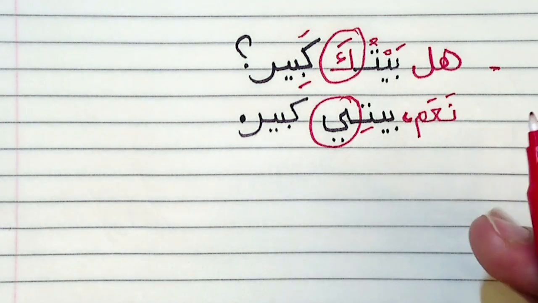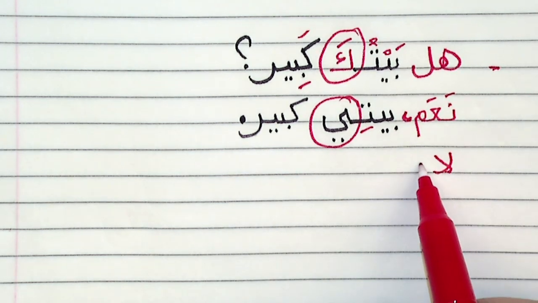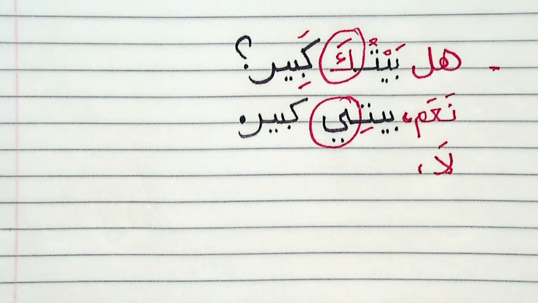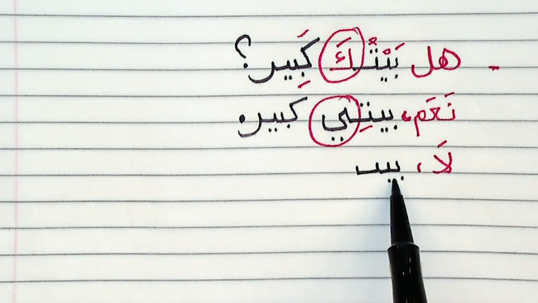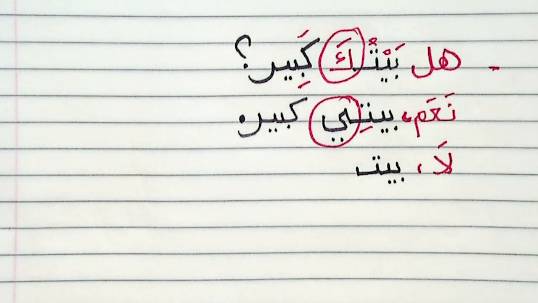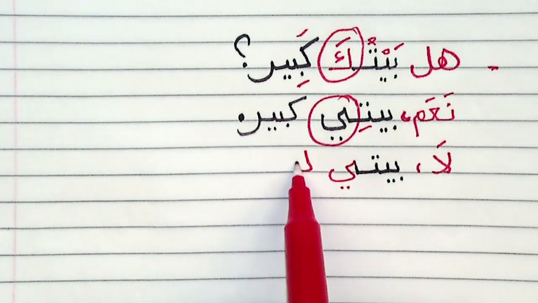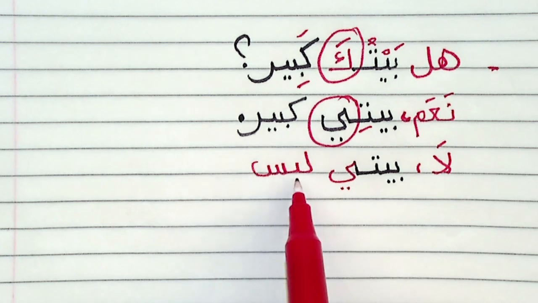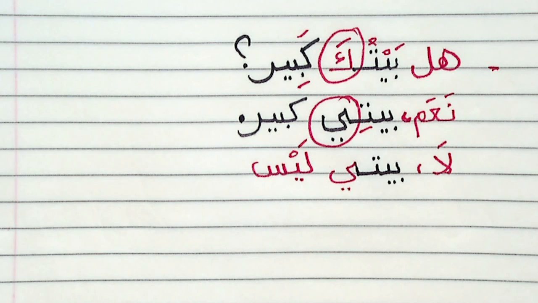I'm saying لا. And this is very important because now we're going to be learning about the negation. لا، بيتي ليس. And the interesting part about negation is that it gets conjugated based on the gender of the noun.